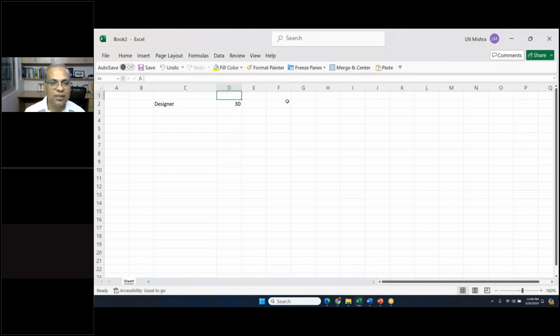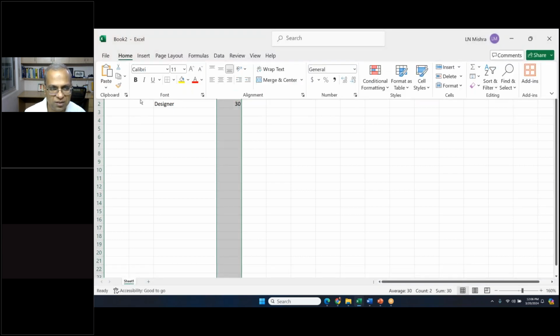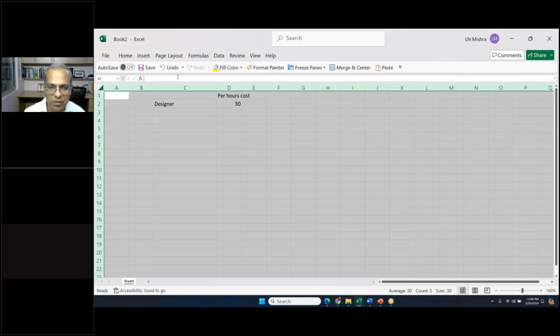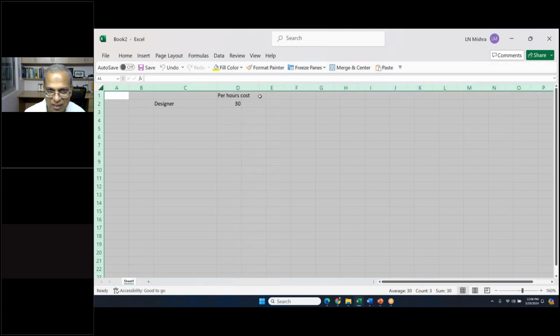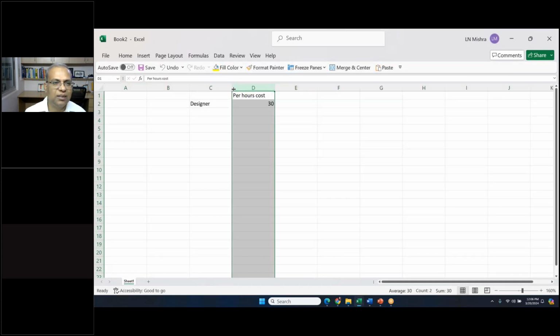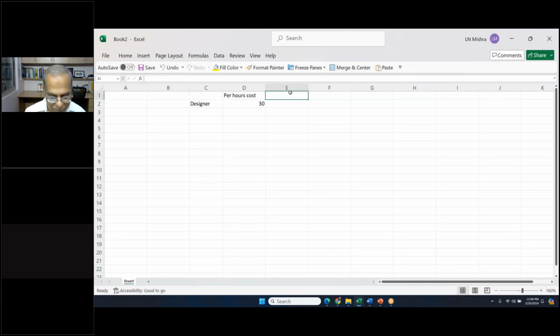Anyway, so now this is the per hour cost that the designer is charging us, which is fairly low, I would say. It's not a very high cost thing, but we are also not looking at a very highly sophisticated one. So this is okay. Now, if you look at the company cost, it's going to be typically double.